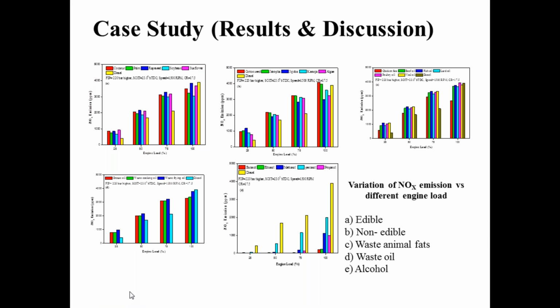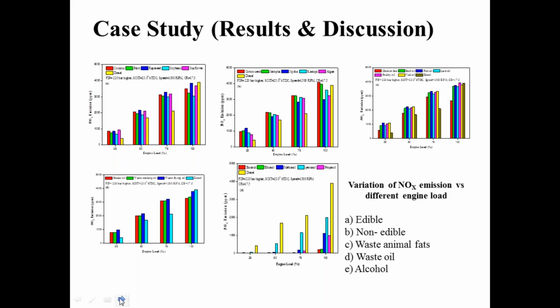NOx emission depends on the combustion cylinder temperature, pressure, air fuel ratio during the combustion process, and properties such as viscosity, bulk modulus, and humidity also affect the NOx emission. NOx emission shows a reduction with increase in humidity of air.